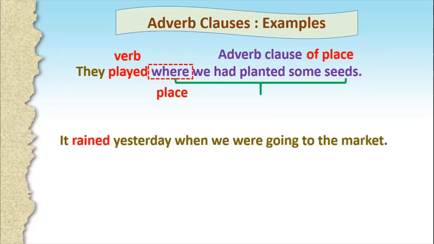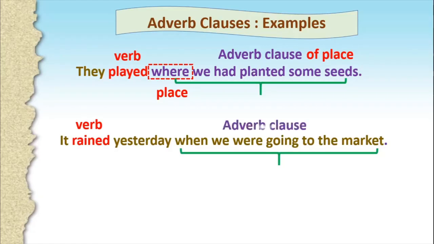It rained yesterday when we were going to the market. Okay? So rained here is the verb. We know it. When we were going to the market is the adverb clause. Concentrate on the word when. When means a time.